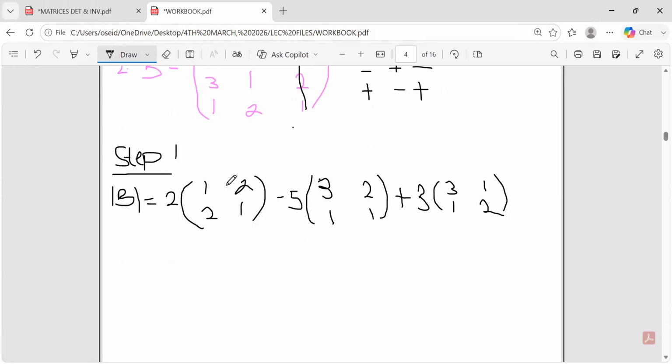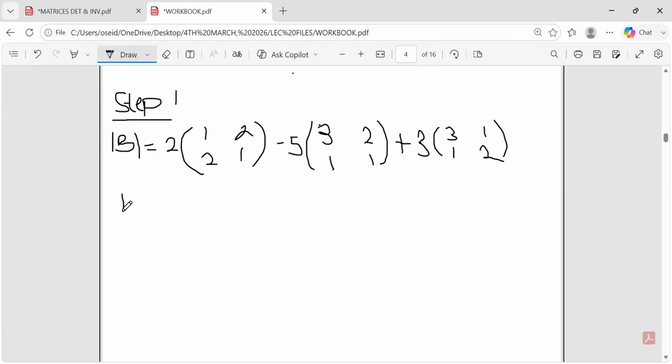So that B will be equal to 2 bracket, so we multiply, leading minus other. So 1 minus 4, because 2 times 2 gives you 4.